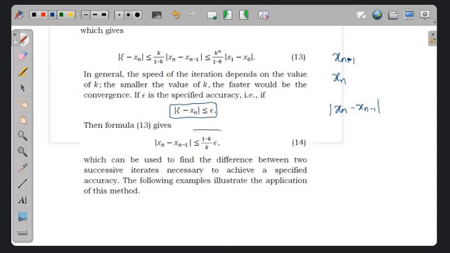So from the above, we can write, if you want the accuracy to be epsilon, you can do the iterations until the difference between xi and xi plus 1 is less than this quantity.